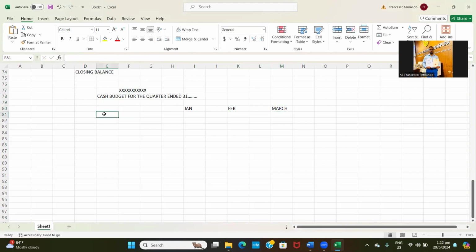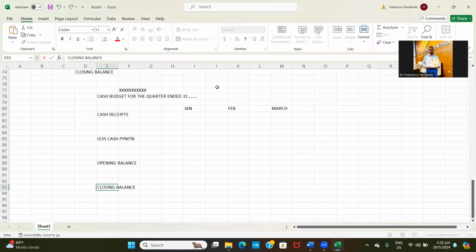So we can write cash receipts, less cash payments, and then we can add the opening balance, and finally get the closing balance.